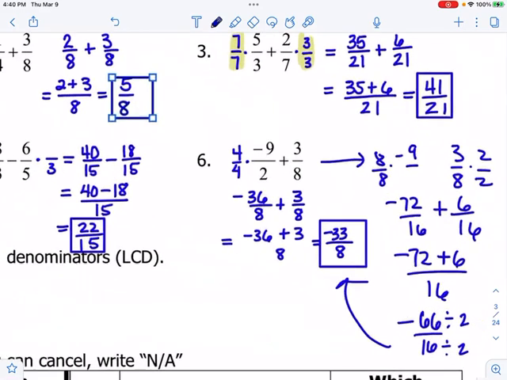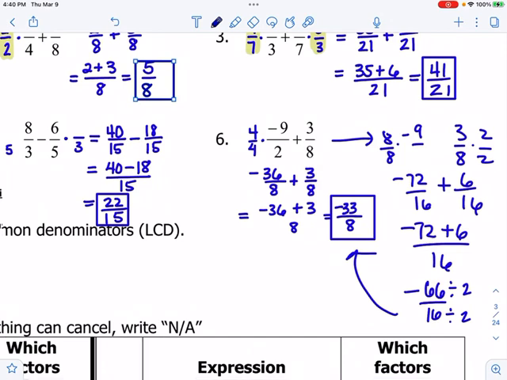-33/8. One of the things I did on the corner here was say that maybe if we had, there's a 2 here missing. So what we can do is we want to find a common denominator and just multiply the denominator by the other denominator. So if we have 2 and 8, we can multiply 2 by 8/8, or the first fraction, 8/8 times -9/2, and then we could take 3/8 and then multiply by 2/2.